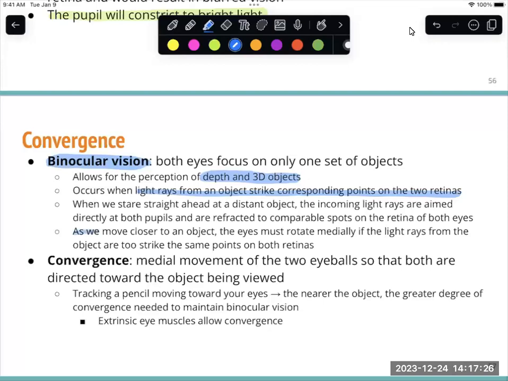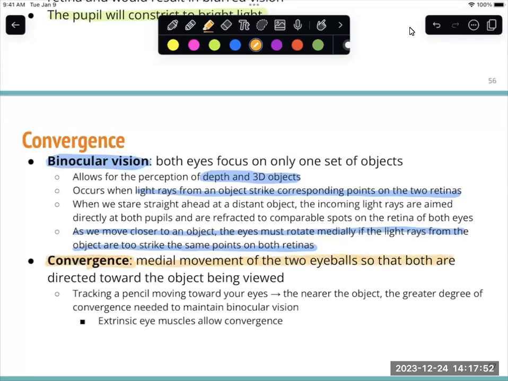So as we move closer to that object, the eyes have to rotate medially if those light rays from the object are to strike the same point on those retinas. Convergence. Convergence is the medial movement of both eyeballs.